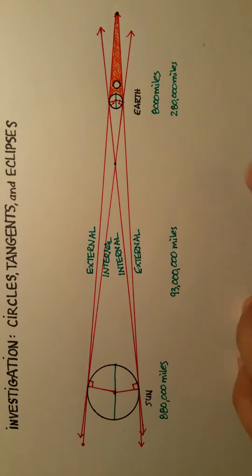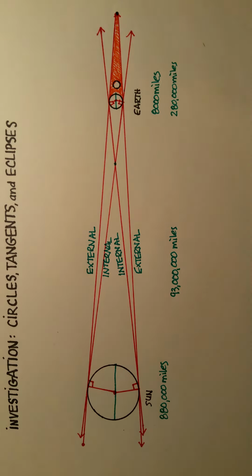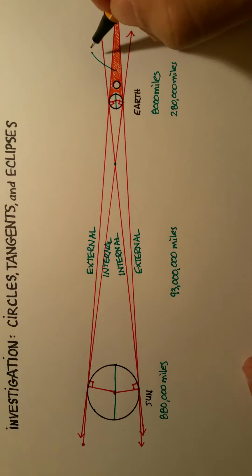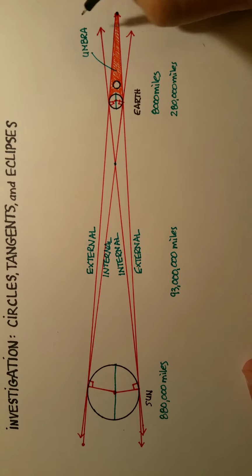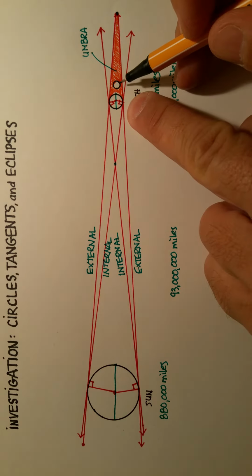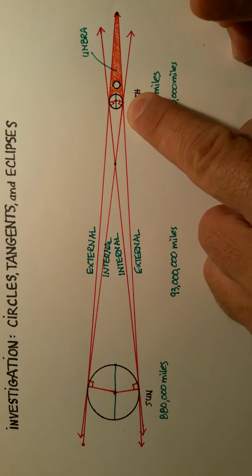That particular area that's all in orange here is called the umbra, U-M-B-R-A. And when the moon is inside the umbra, it's completely darkened.